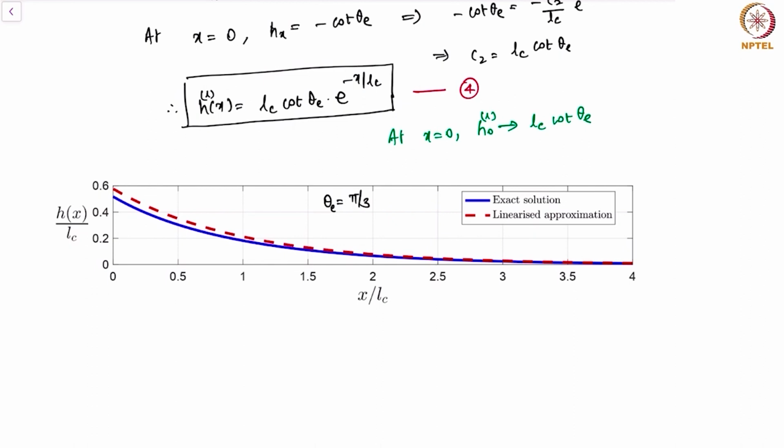And here all the horizontal and vertical coordinates are shown in non-dimensional fashion, meaning they are basically divided by the capillary length.